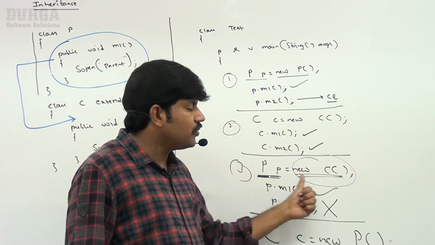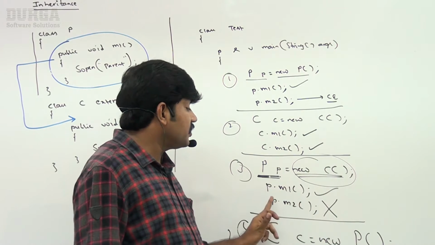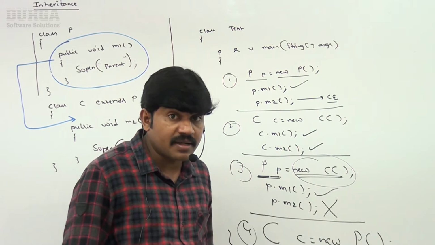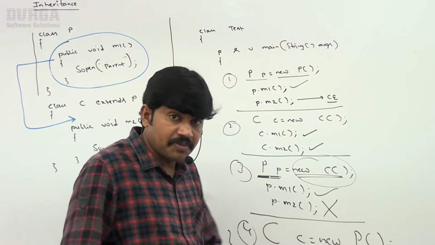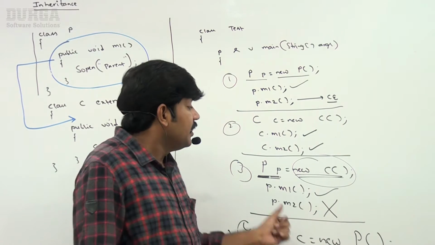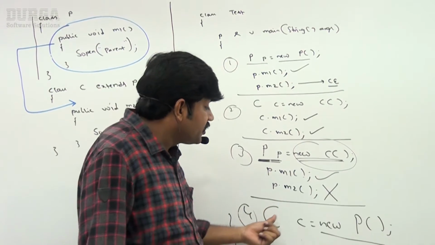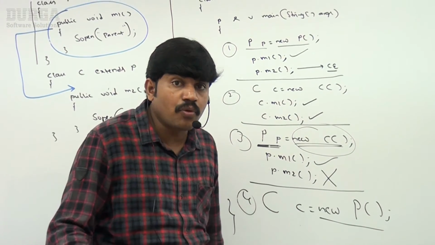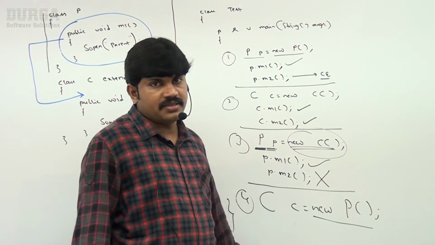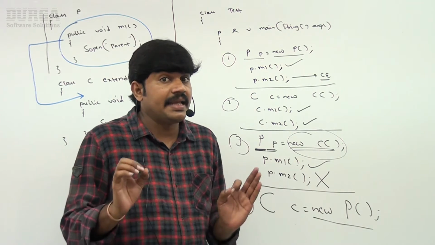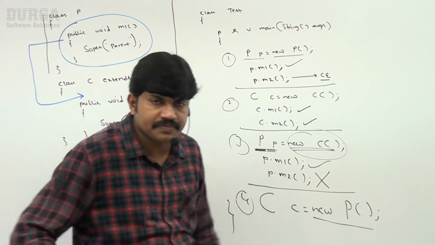A parent reference can be used to hold a child object, but by using that reference you can call only the methods available in the parent class, not child specific methods. Are you getting? Next, a parent reference can be used to hold a child object, but a child reference cannot be used to hold a parent object. That's it, sir. These are the important points about inheritance that you should be aware of.